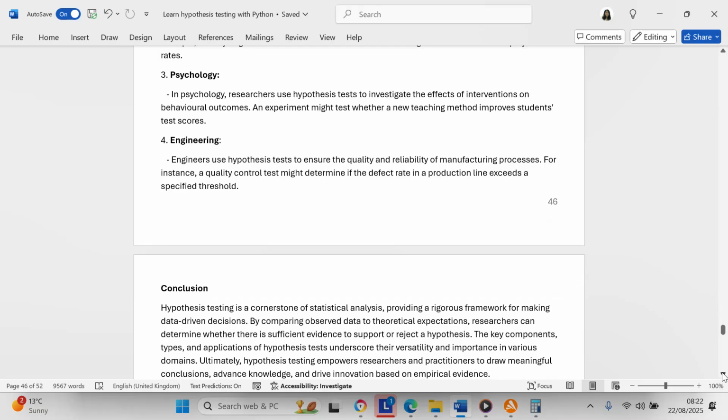An experiment might test whether a new teaching method improves students' test scores. And then you have engineering. Engineers use hypothesis tests to ensure the quality and reliability of manufacturing processes. For instance, a quality control test might determine if the defect rate in a production line exceeds a specified threshold.